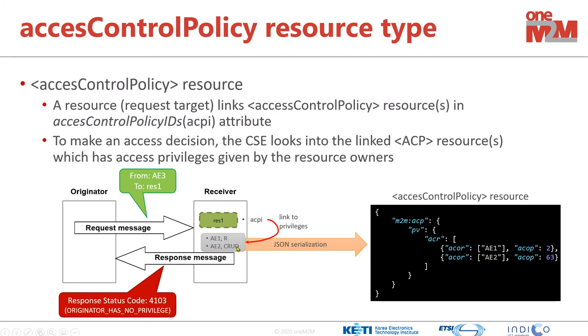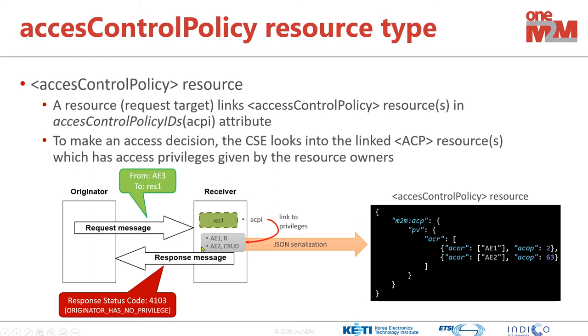And there will be the access control policy setting. This is just an abstracted diagram, and in reality this is just a partial representation. I omitted the common attributes and universal attributes, but anyway, just some important attributes in this JSON serialization example.